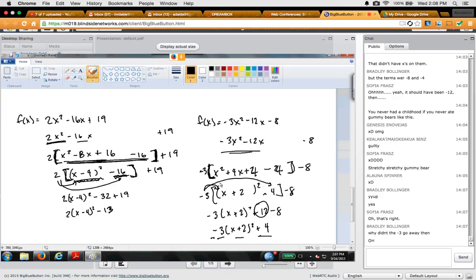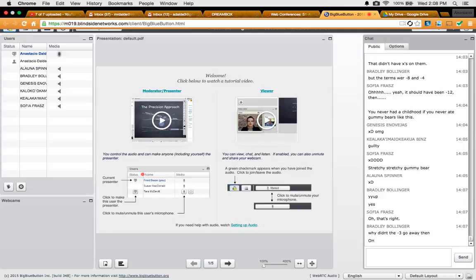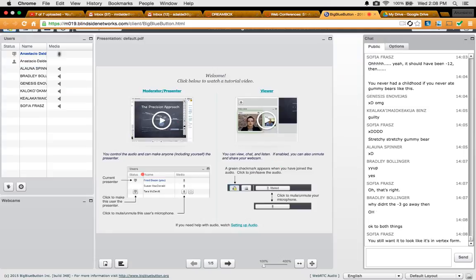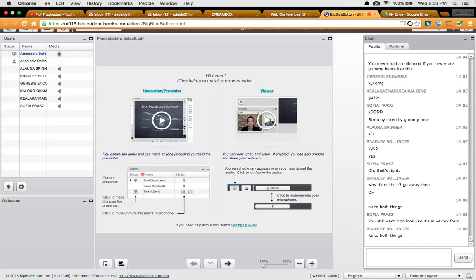It's -3 times -4, which is positive 12. You still want it to look like it's in vertex form. Yeah, this is in vertex form, and it goes to both things inside the brackets.